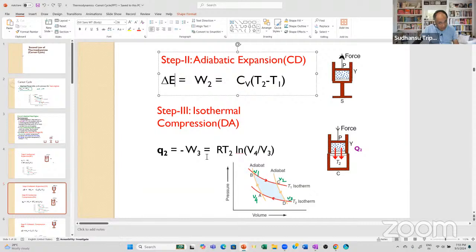Because W3 compression is plus, there is a minus sign. So Q2 will be obviously negative. V4 is less than V3, so this ln part will be negative. So Q2 will be negative because Q has been thrown out, evolved, right? So this is isothermal compression.